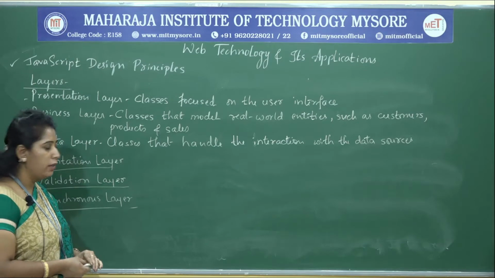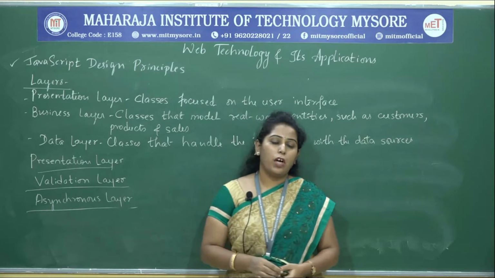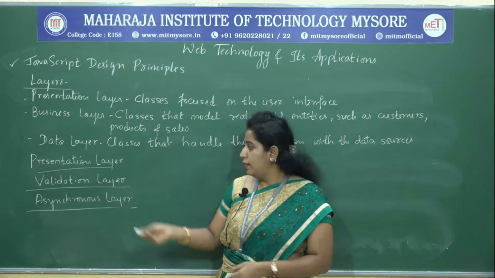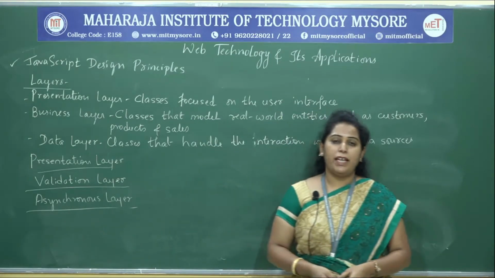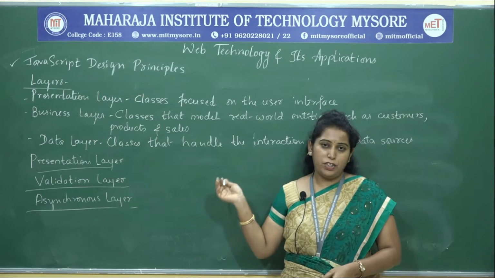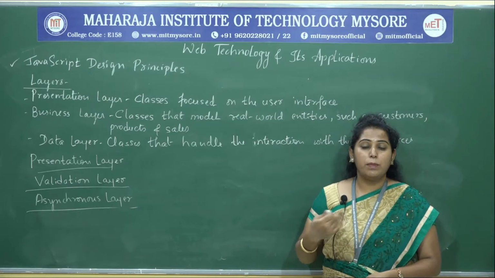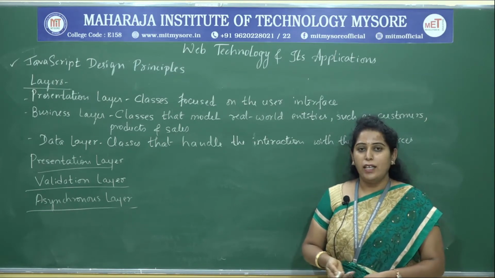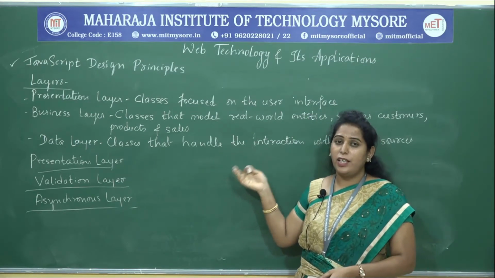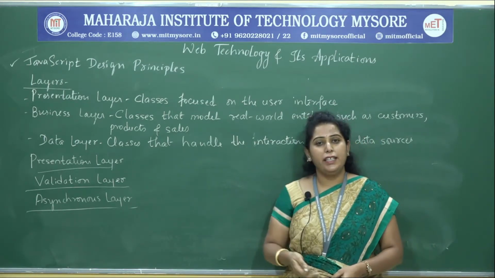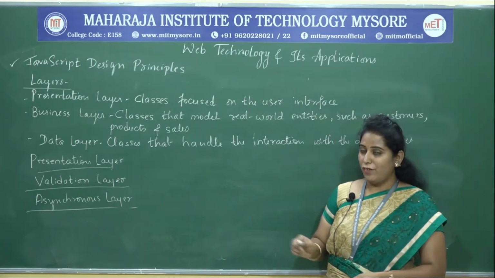Let us move in detail about these layers. First one I am going to take is the presentation layer. The presentation layer is focused mainly on the display of information. JavaScript can alter the HTML page which results in changes which are visible to the user. Some of the presentation layer applications include creating, editing, hiding, showing the div.